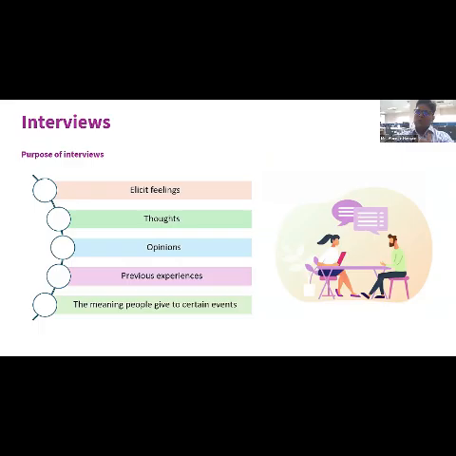And in interviews, what are we getting? We are getting the elicited feelings of the respondent, their thoughts, opinions, previous experiences, and the meaning of certain events the respondent has experienced.